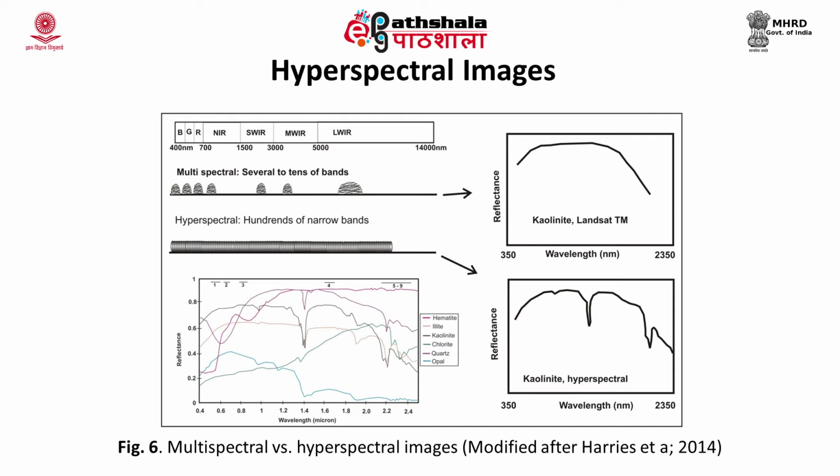In the left side down, you can see the hematite, ilmenite, kaolinite, chlorite, quartz, opal, all these are plotted. This diagram we have already discussed in our previous slides. Here I have kept it only to compare how hyperspectral and multispectral data can be used for mineral resource study. Go to the next.